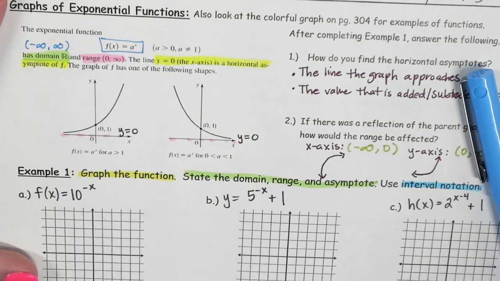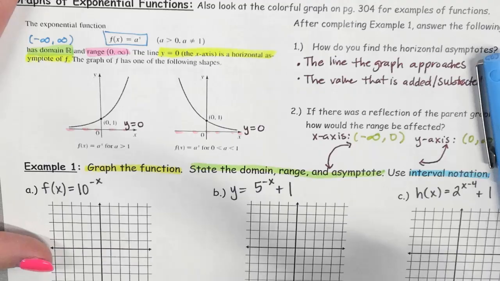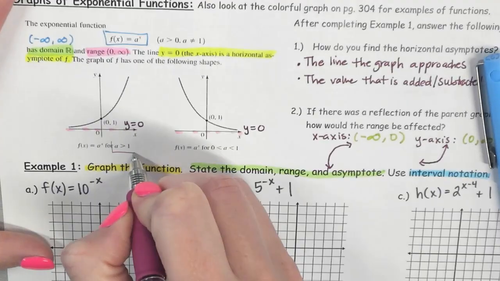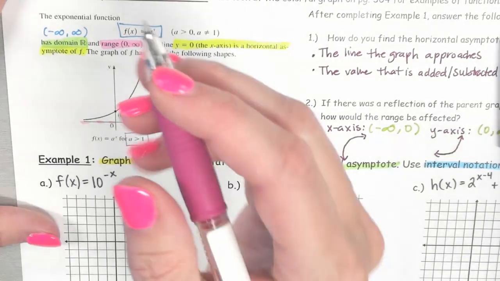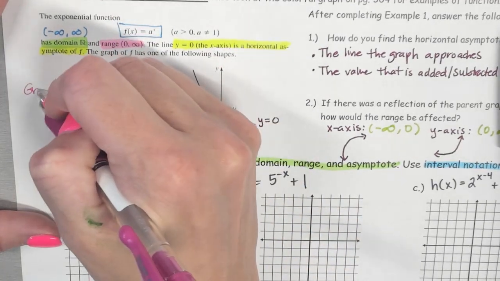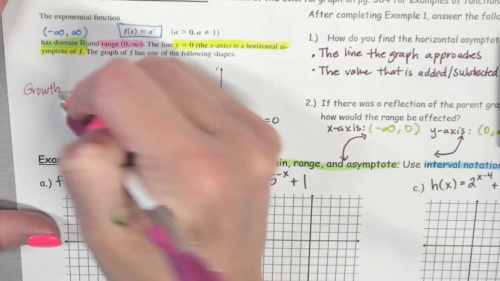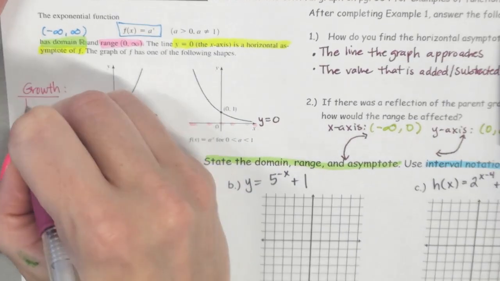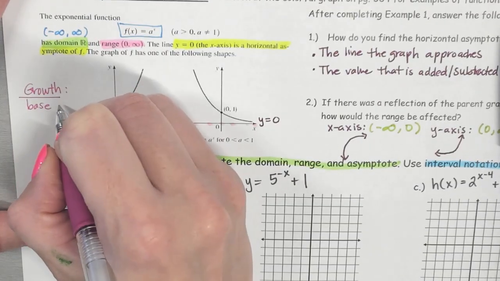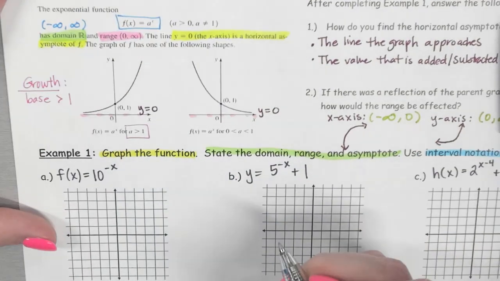This is something you might remember from before. If you have a is greater than 1, the type of exponential function, it is called a growth function. When you have exponential growth, the base or the absolute value of the base is greater than 1.